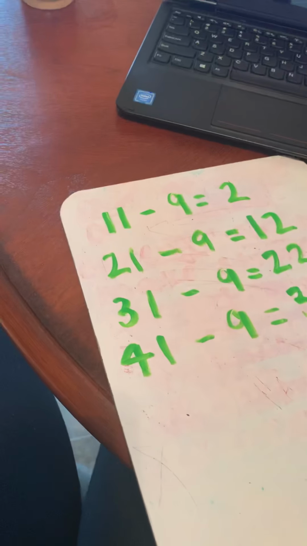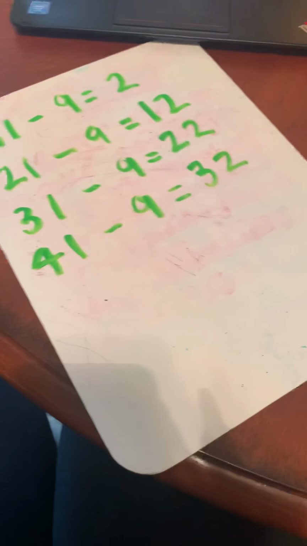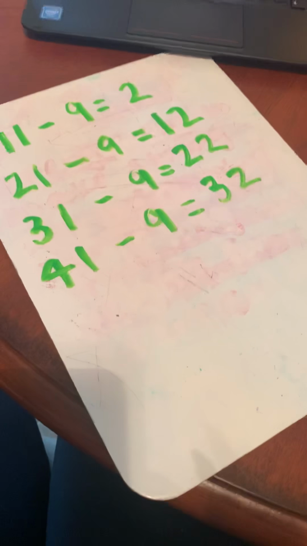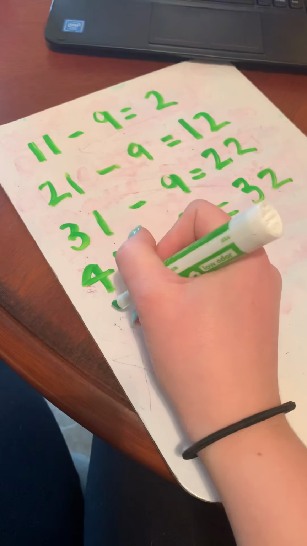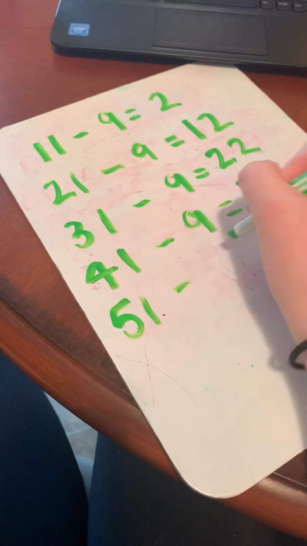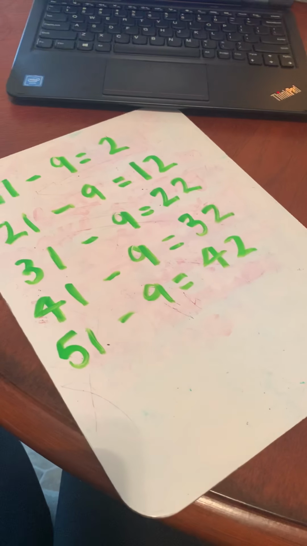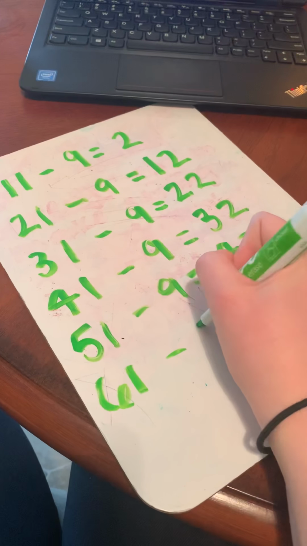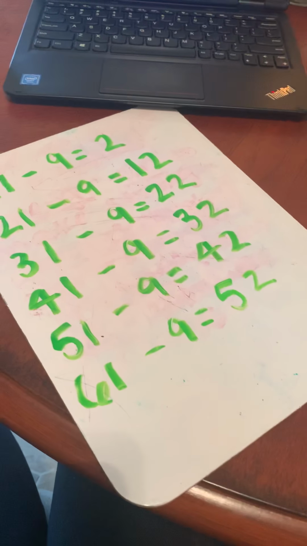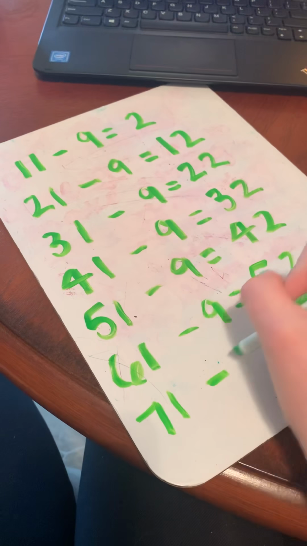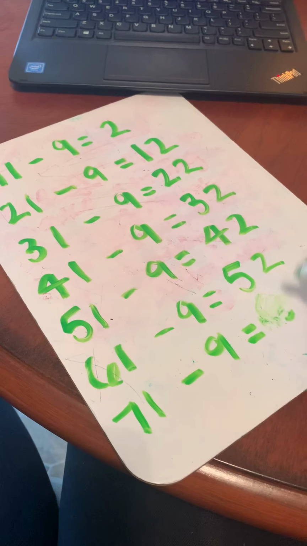Okay, so if we were going to continue this pattern, the next subtraction sentence in the sequence would be 51 minus 9 equals 42. 61 minus 9 equals 52. 71 minus 9 equals 62.